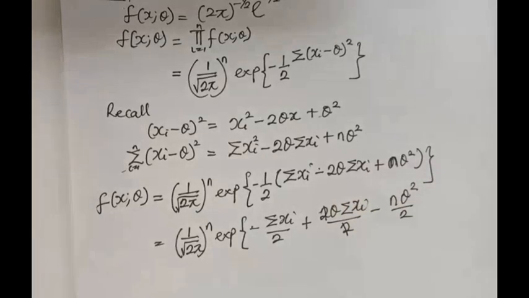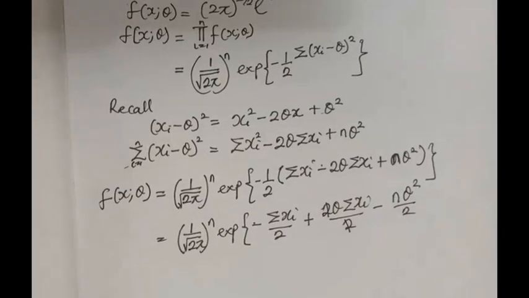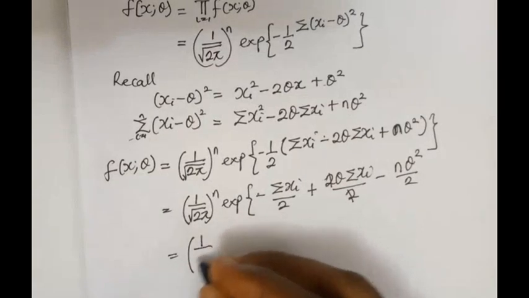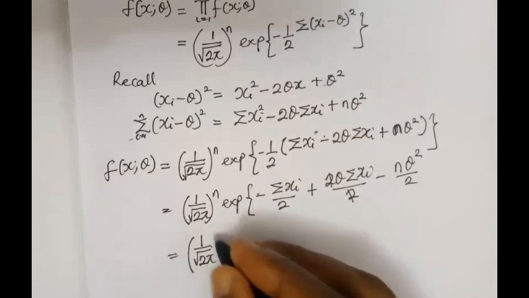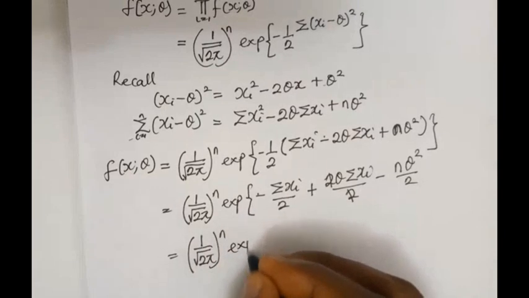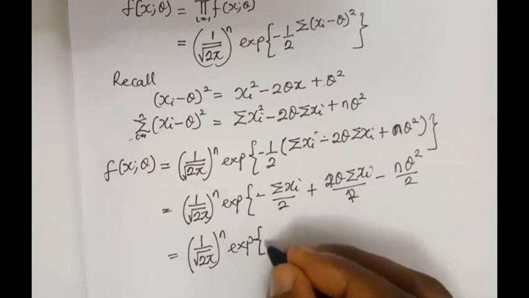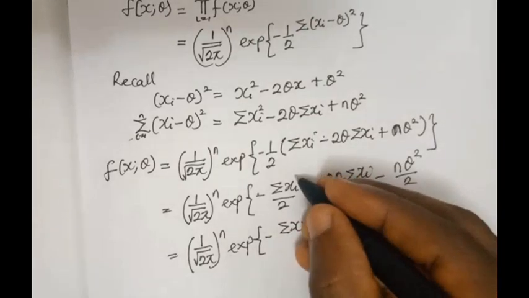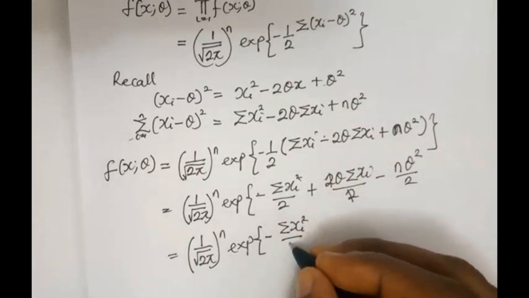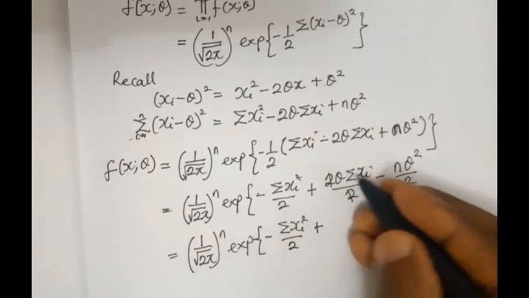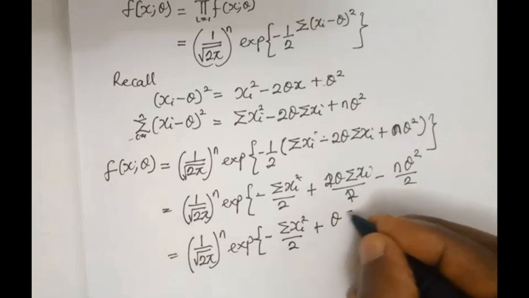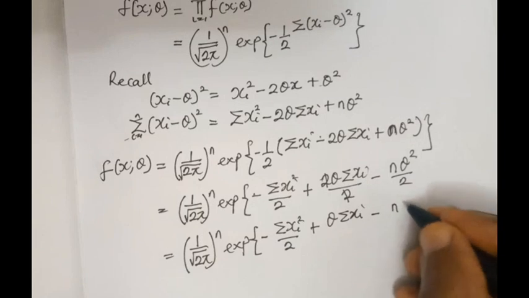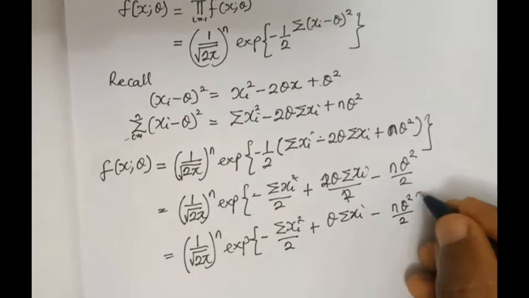This can cancel this. So we have 1 all over square root of 2 pi raised to the power of n exponential summation of xi squared all over 2 plus theta summation of xi minus n theta squared all over 2.